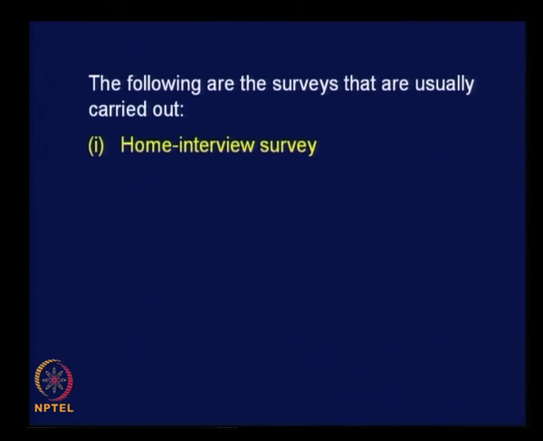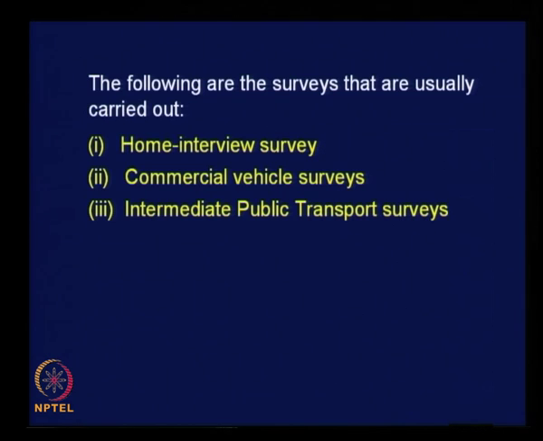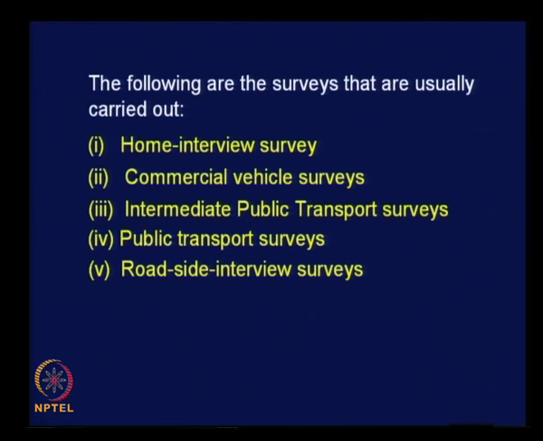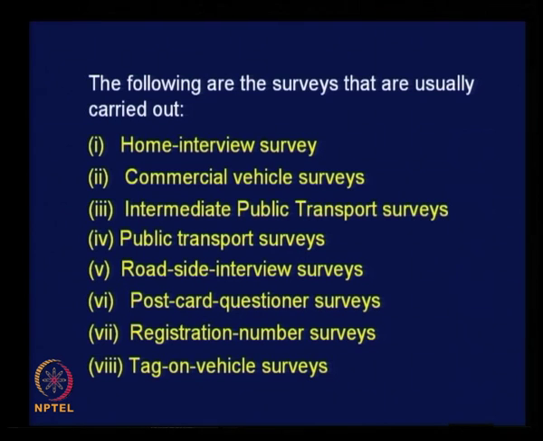The most important type of survey is the home interview survey, then commercial vehicle surveys, intermediate public transport surveys, then public transport survey, roadside interview survey, postcard questionnaire surveys, registration number survey, and tag on vehicle surveys.